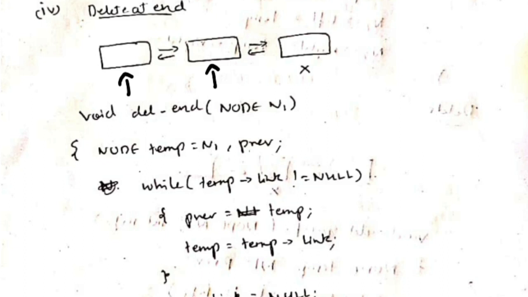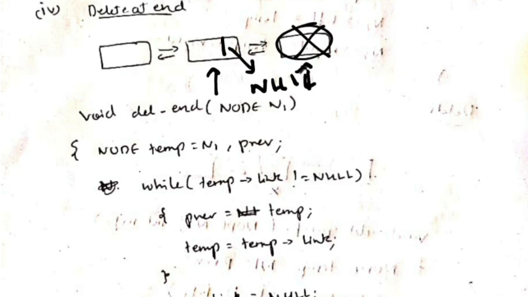When we reach the last node, the current pointer will be pointing here and the previous one will be pointing here. At that time we will free the current node and initialize the next part, which is the right part of the previous node, as null. Since this node is removed, this will be null here. That's deletion at the end.